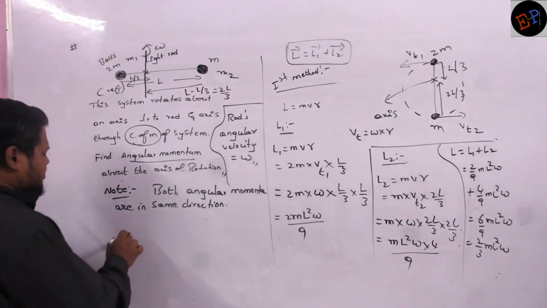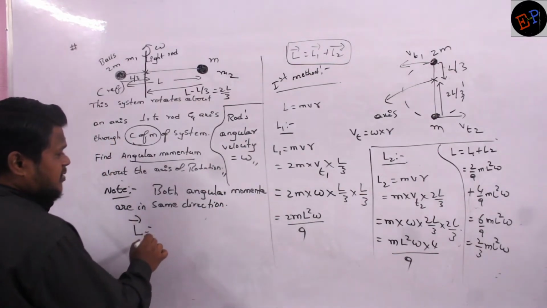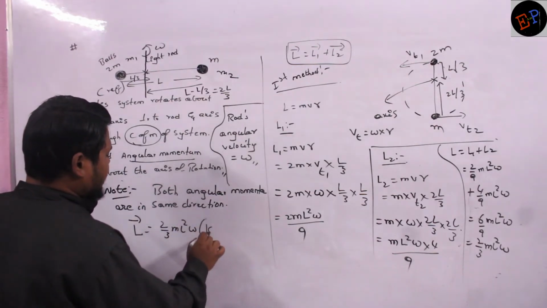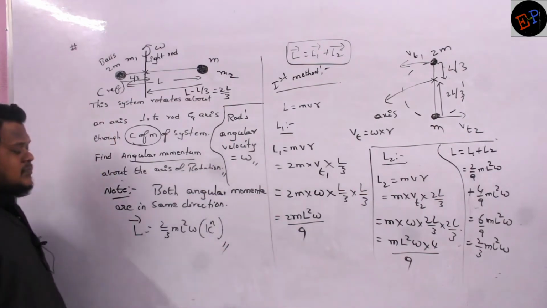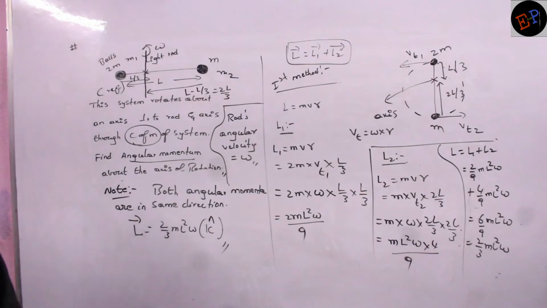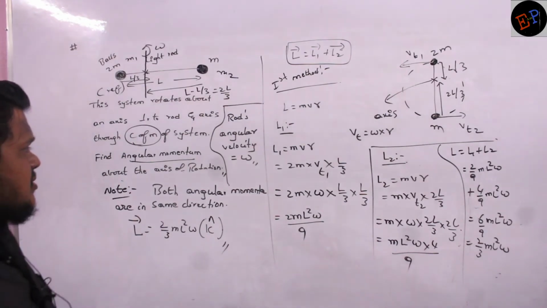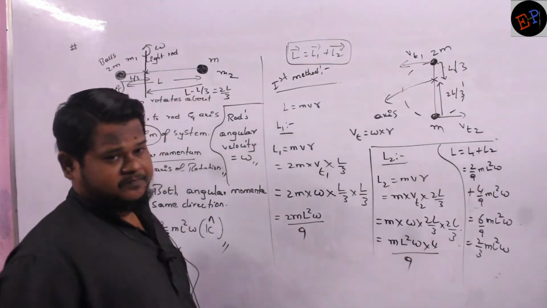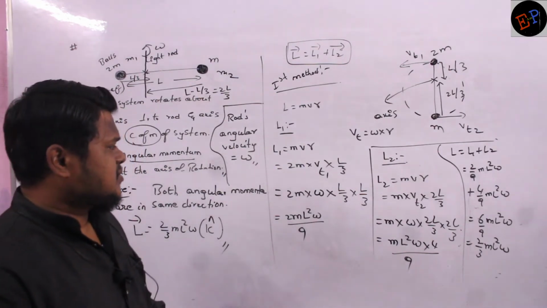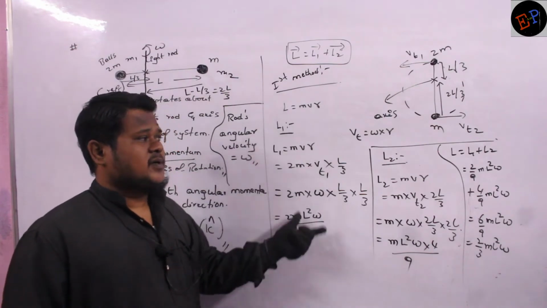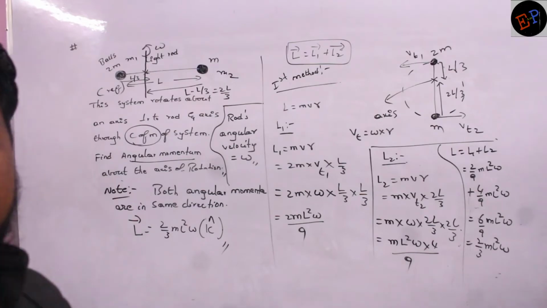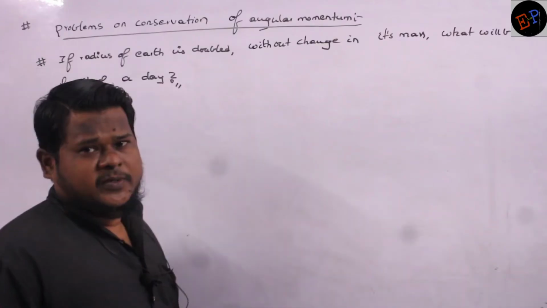So if I want to write in vector form, how can I write? 2 by 3 m L square omega multiplied by k cap, because it is towards the positive z axis, no? So I can write k cap. This is the first method of solving this problem. First method, I have calculated by using which method? L is equal to mvr method.